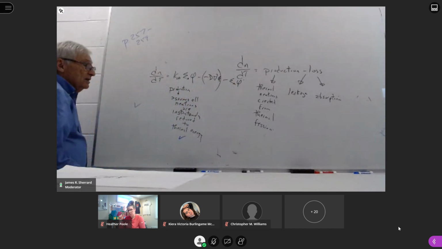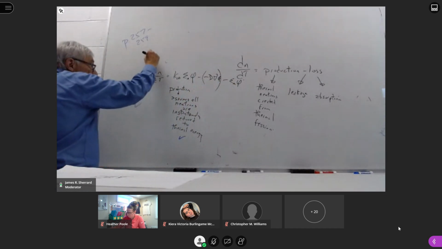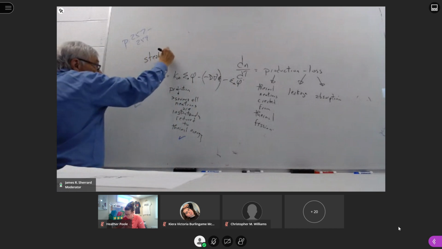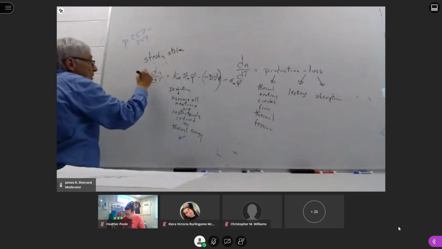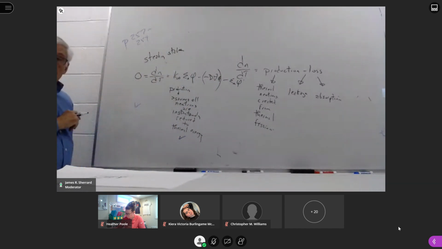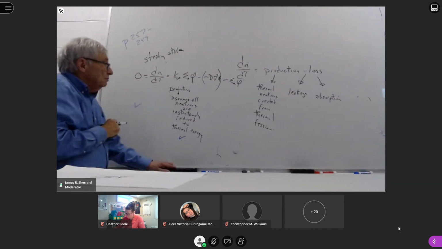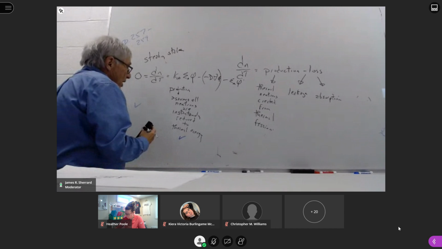If we then go back, since this is steady state, we know that's exactly equal to 0. So we could then write this.